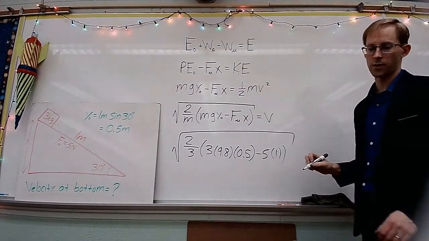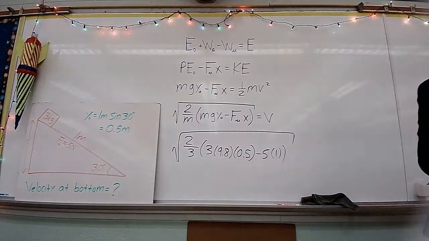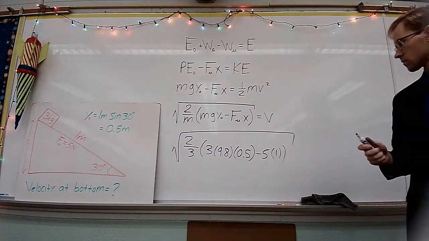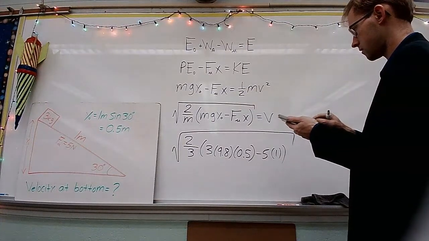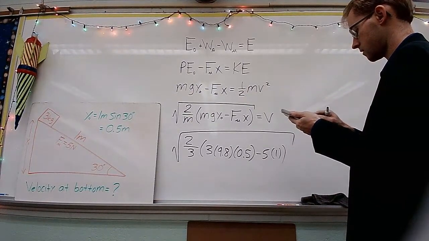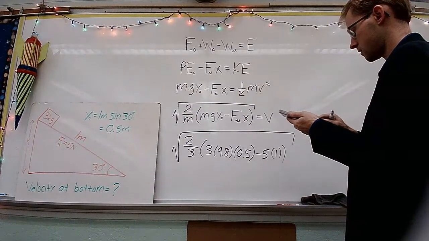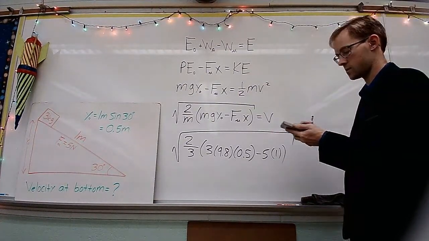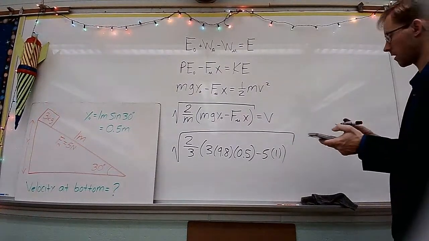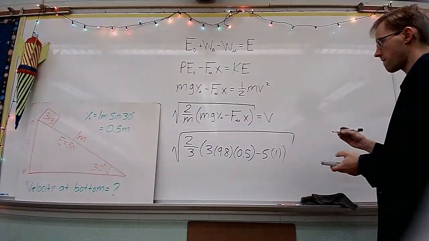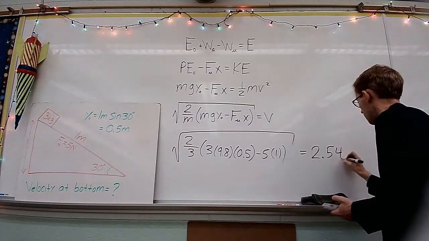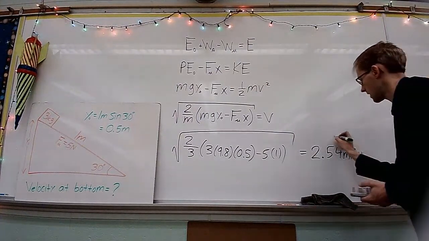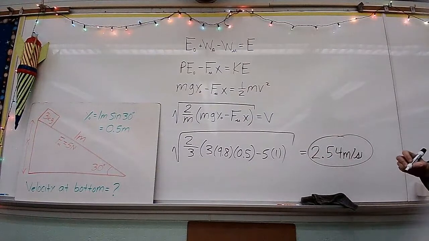Then it's just a matter of plugging all that in. And when we calculate this out, I get 2.54 for that velocity. And that's how fast it's going at the bottom of the ramp.